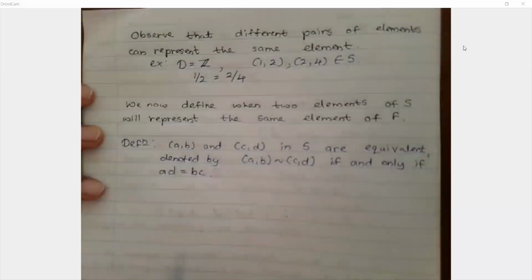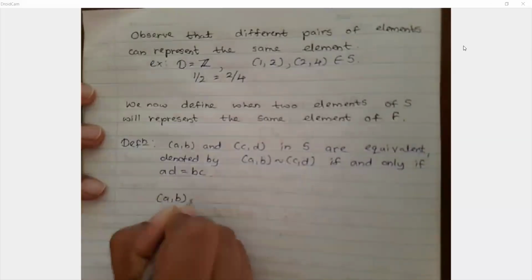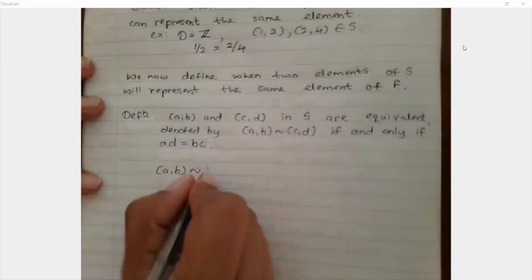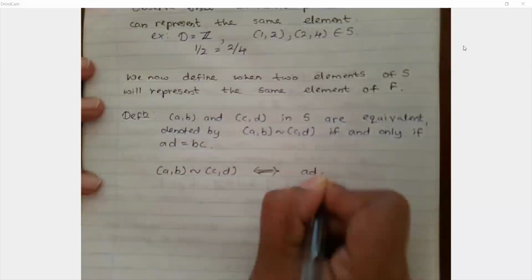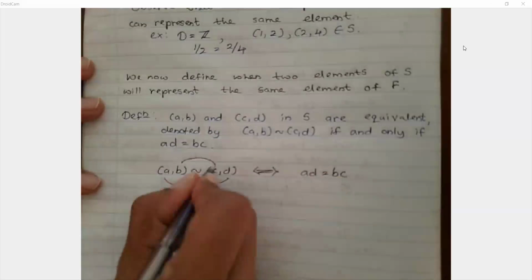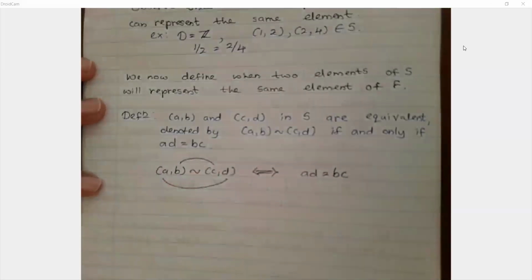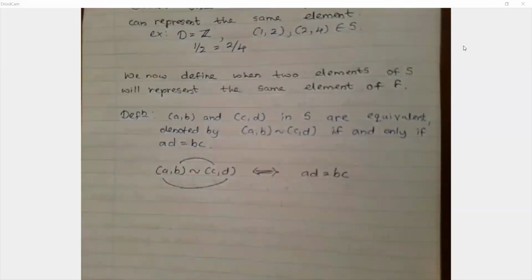If I write it separately, AB is equivalent to CD if and only if AD is equal to BC. You take AD and BC. If this product is the same as the other product, BC, then we say that these two elements are equivalent, they represent the same element in F.